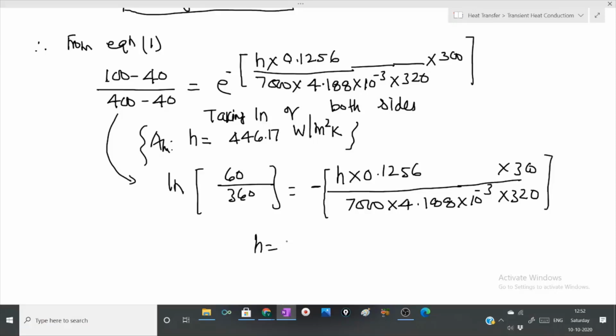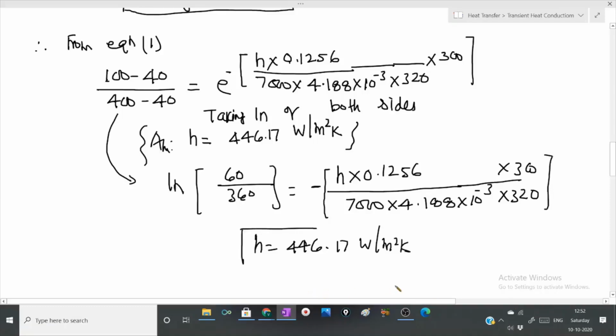Yes, so it comes out 446.17 watt per meter square Kelvin. So this is the answer. I hope everyone got this answer.